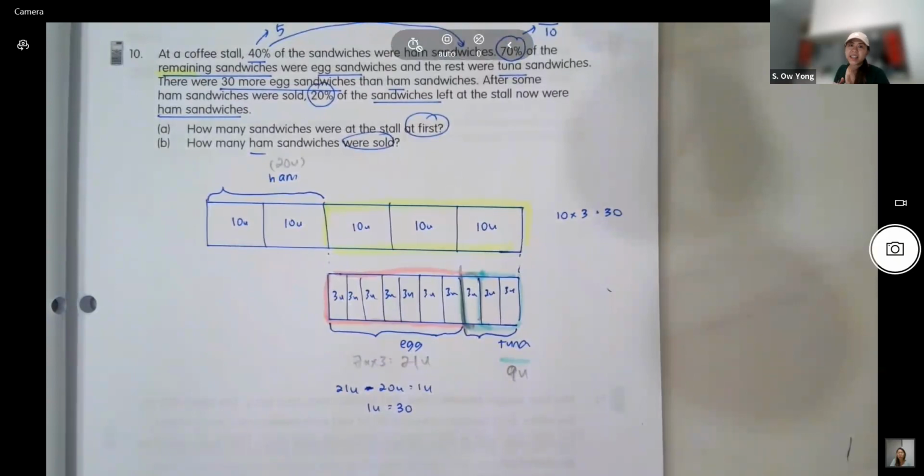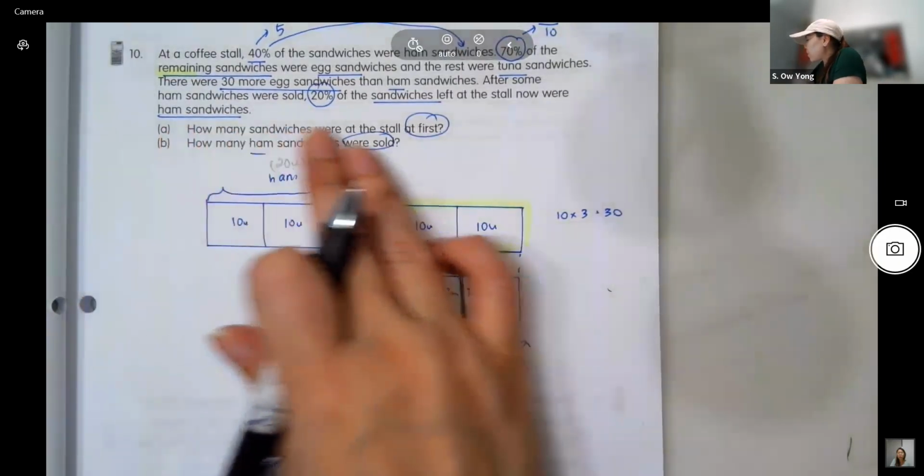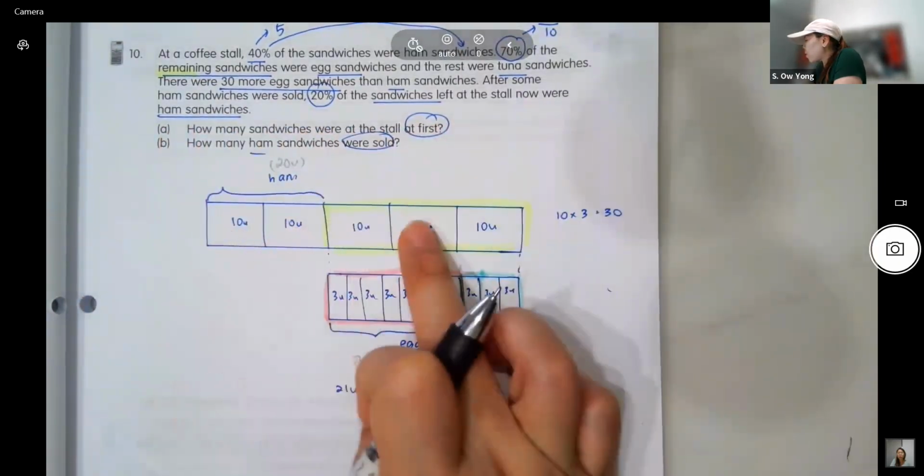Okay, then they say after some ham sandwiches were sold, 20% of the sandwiches left are all ham sandwiches. So only ham sandwiches were sold. Now the rest of the egg and tuna were all not sold. So to be on the safer side, they ask how many sandwiches were there at first? You count 10, 20, 30, 40, 50.